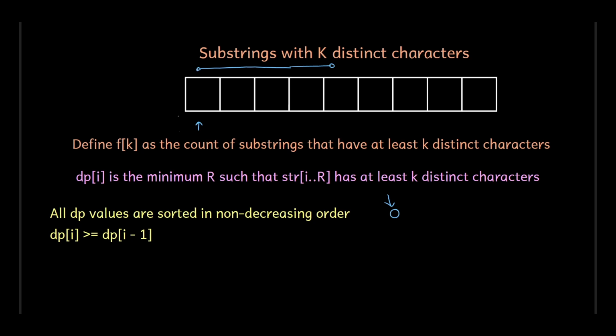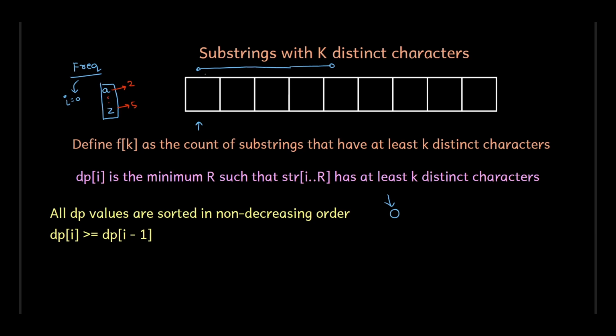Let's also maintain a frequency map. For the I equals 0 case, in this frequency map you maintain the frequency of all the 26 characters of the alphabet from A till Z. You record in the first window how many times you saw A, how many times you saw Z, and all the elements in between as well.